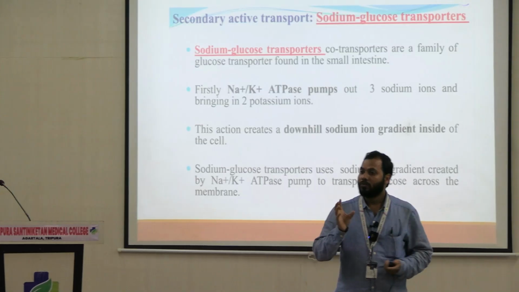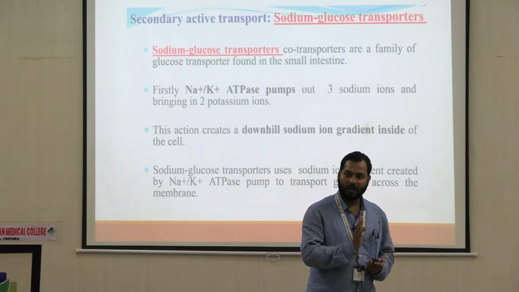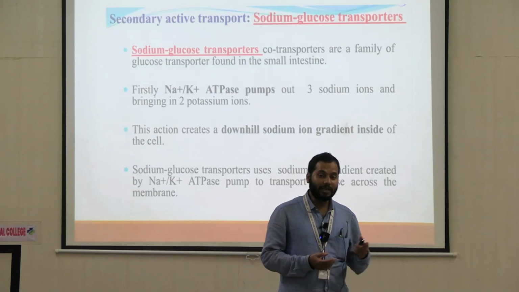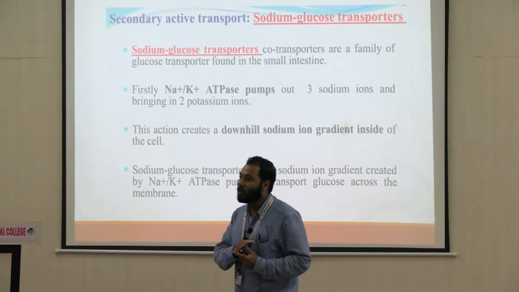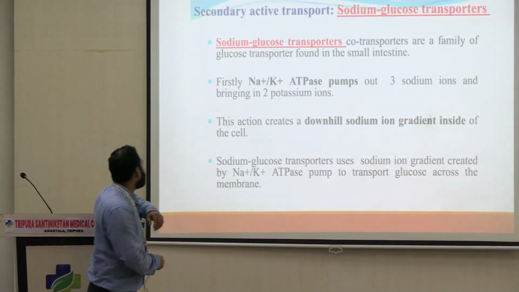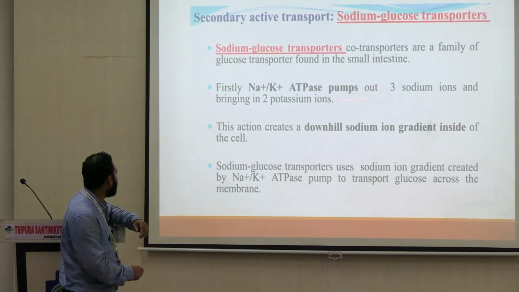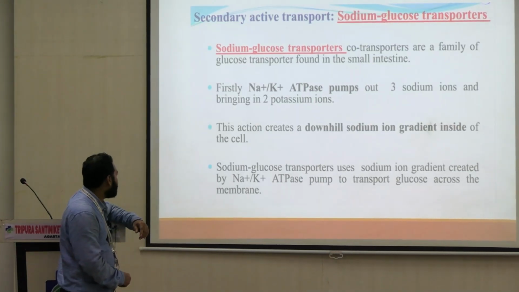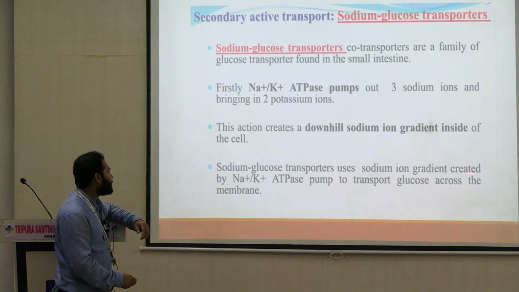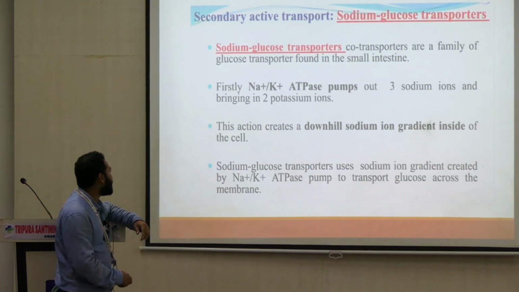In one case there is an uphill journey, but in another case there is a downhill journey. So in case of downhill journey, there is no involvement of energy, right? So here, these actions create a downhill sodium ion gradient inside the cells, and this sodium-glucose transporter uses that sodium ion gradient created by the sodium-potassium ATPase pump to transport the glucose across the membrane.